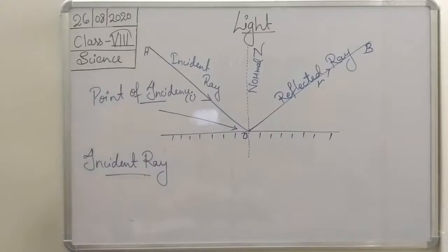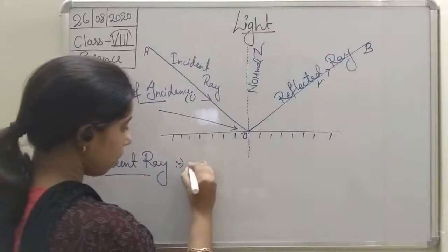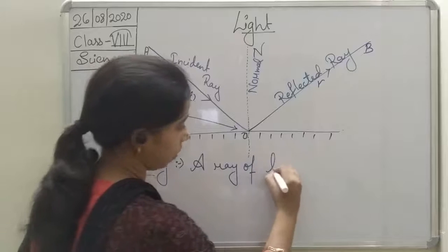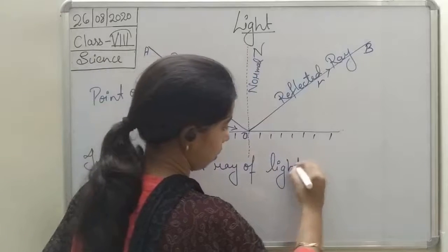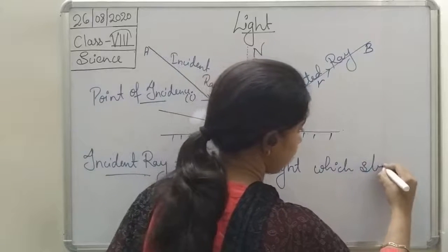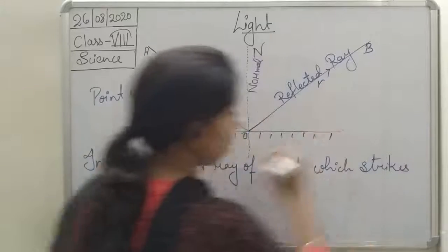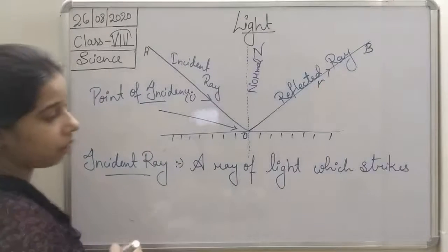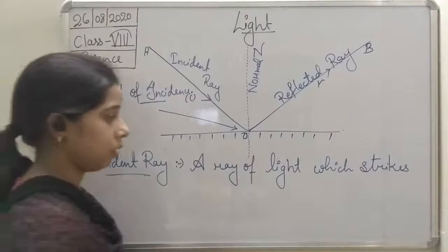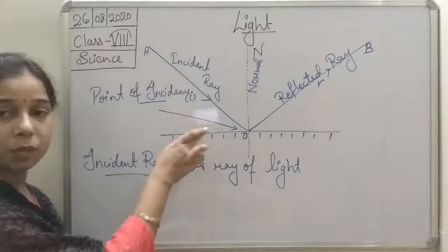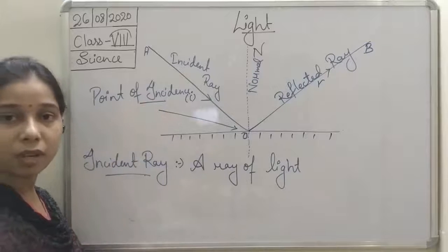Now you see here student, how can we define the incident ray? Incident ray is a ray of light which strikes on the surface, a ray of light that comes from a source. There must be a source of light by which the incident ray is falling.